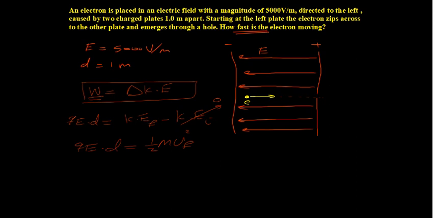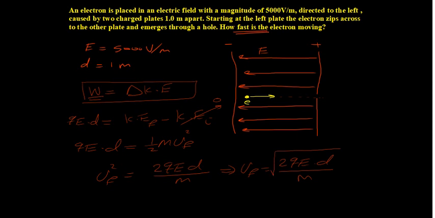If I rearrange my formula, the final speed equals the square root of 2qE times the distance between the two plates over the mass of the electron. We can write m_e here just to make it more clear.